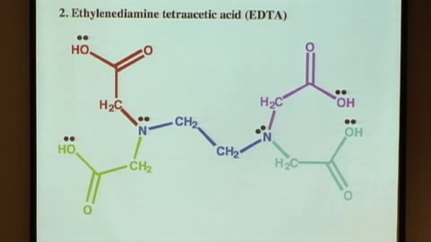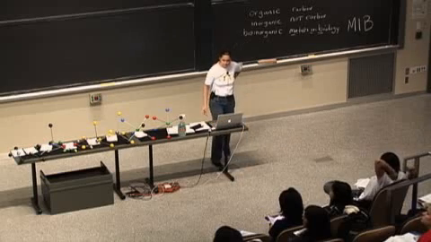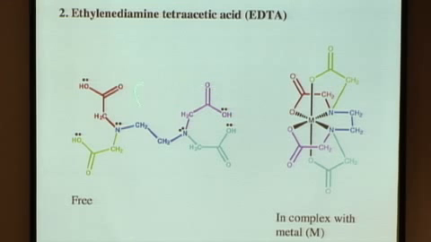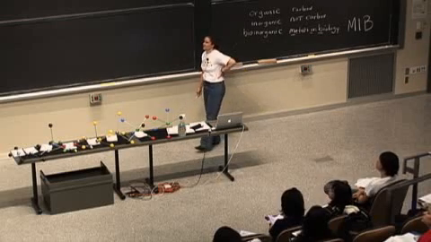So all of those 6 points can coordinate to a metal. So here again is the free EDTA, and here's a structure of EDTA bound to a metal. The metal is abbreviated M. So why don't you tell me what the geometry is of that metal?